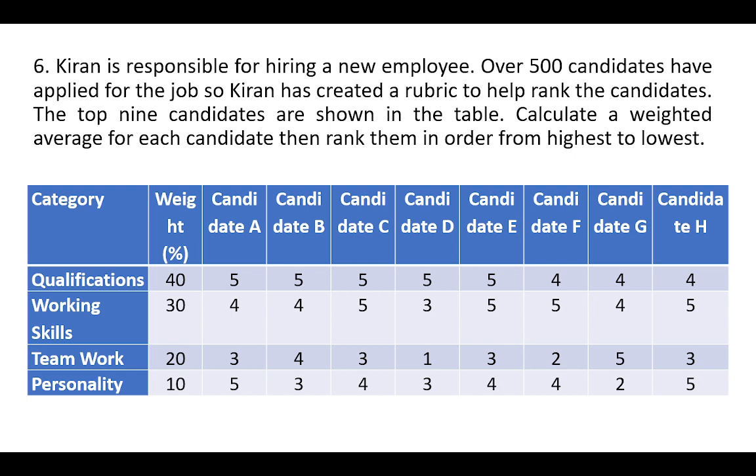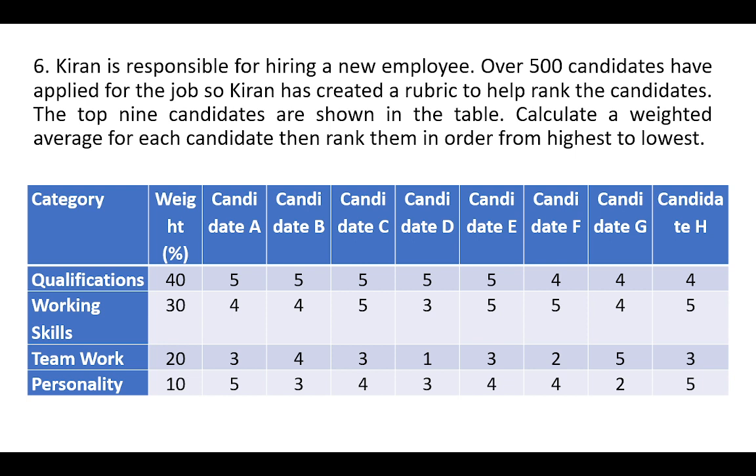Okay. So now it's a company, 500 candidates applied for the job. Of those 500 candidates, he selected the top 9 candidates. Again, among the top 9 candidates, Kiran has to assign who is the best and who is the least. Okay. Now you have some categories here. Qualification is there, working skills is there, teamwork is there, personality is there.